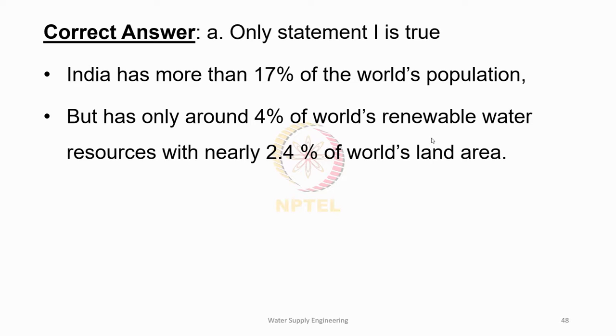So this is the actual statistics: more than 17% of the world's population with 4% of the world's renewable water resource and 2.4% of the world's land area.